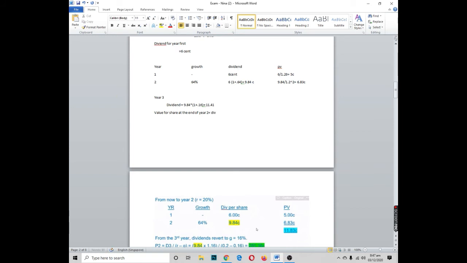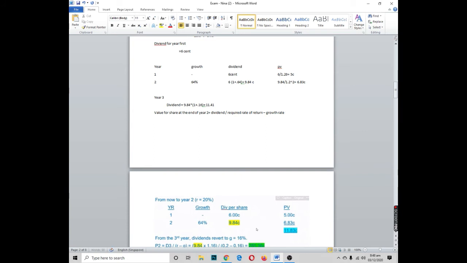So dividend means the dividend we found for year 3, divided by required rate of return, also known as cost of equity in the question, less growth rate, which we also know.